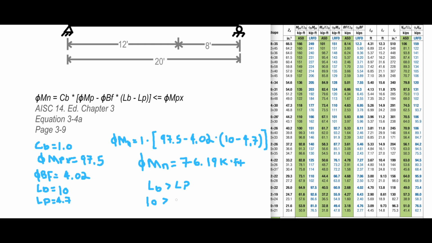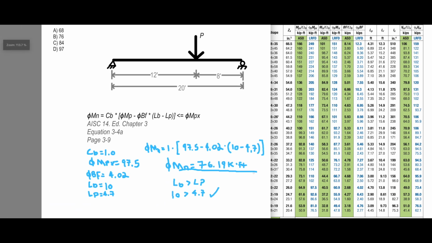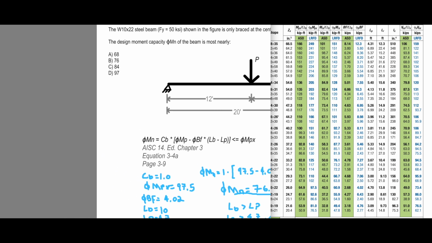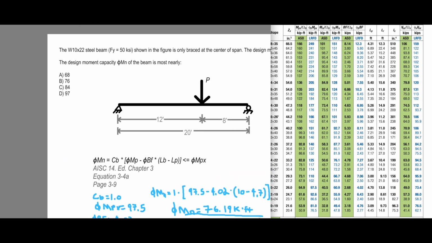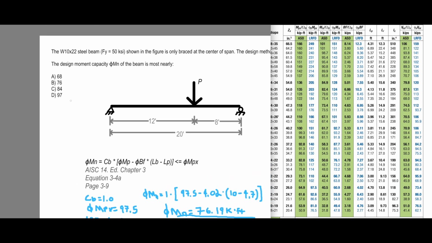So that would be Lp is 4.7. And the answer is yes. So we are good. Phi Mn is equal to 76.19, and that would be most nearly choice B, right? So our answer in this case is choice B.